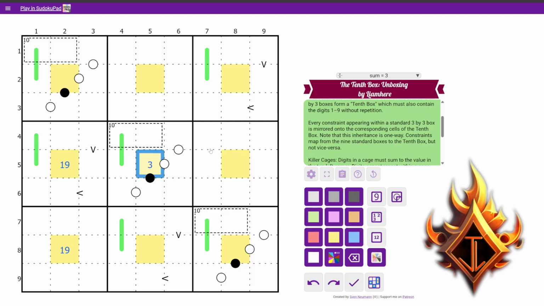If it was 3, that would be 2, and that would be 4, 5. If it was 4, this would be 3, that would be 5, 6. If it was 5, 4, it can't be 5 on a tin box. If it was 6, it would be 5.